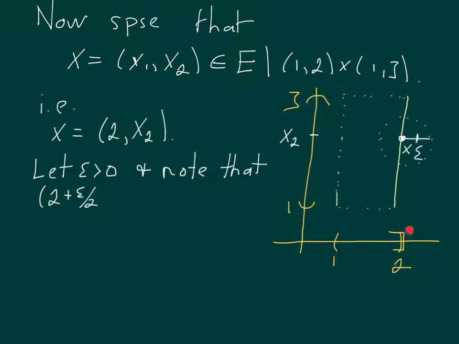We took 2 plus epsilon over 2 for our first coordinate, and we'll use exactly the same second coordinate, x2.